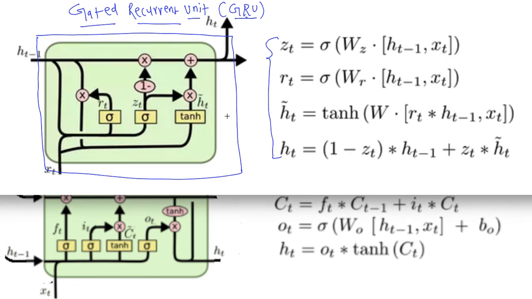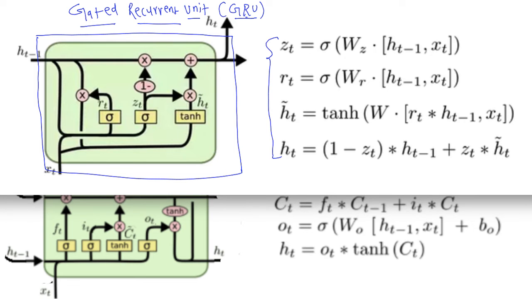Also, if you look at the internal structure, we have only 2 gates here in GRU, whereas we had 3 gates in LSTM. That means GRU is simpler than LSTM. So what are the advantages of simpler? We'll see.